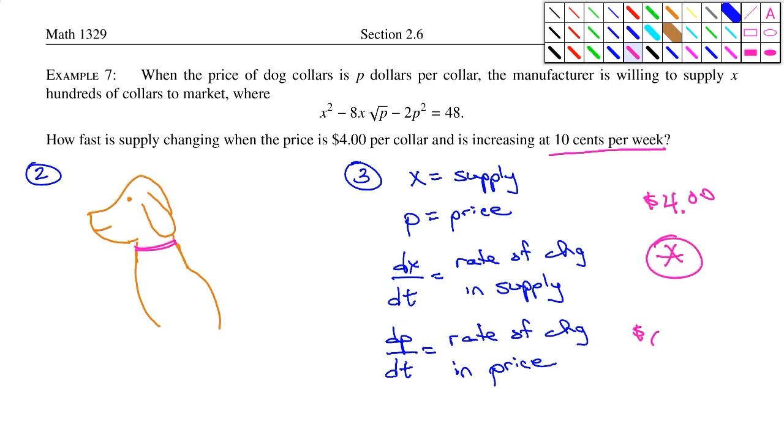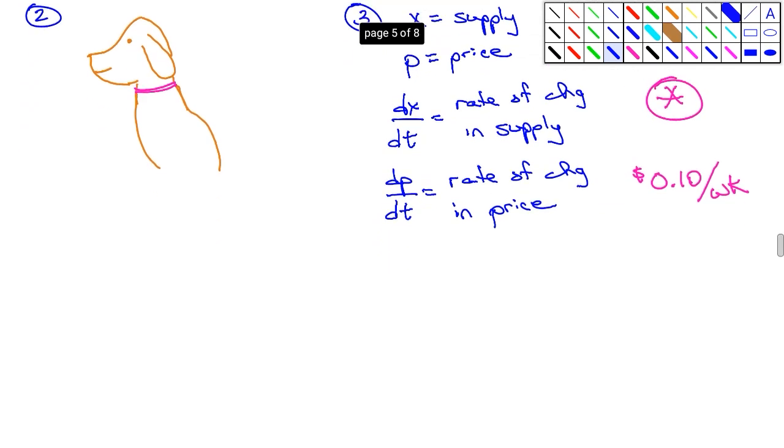So we need to change that to dollars, so it's going to be $0.10 per week. All right, part 4, use the equation. So our equation was x squared minus 8x square root of p minus 2p squared equals 48.